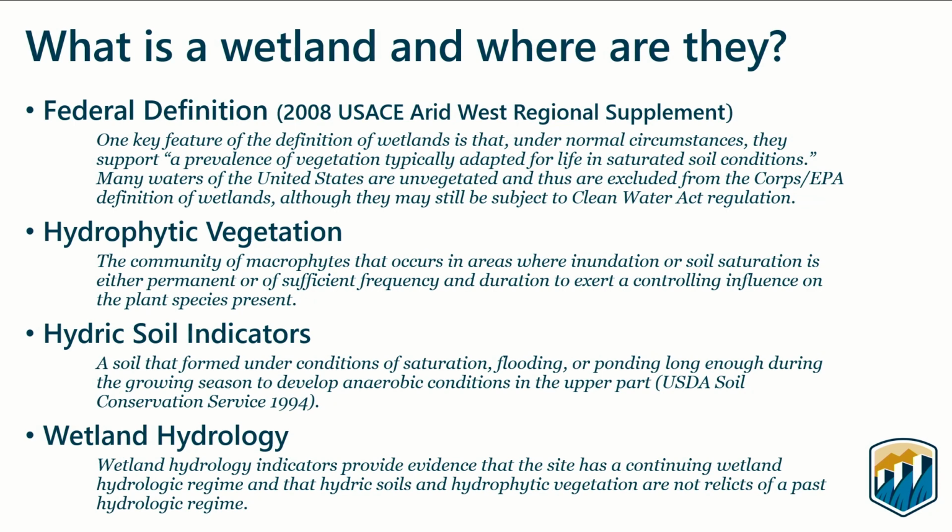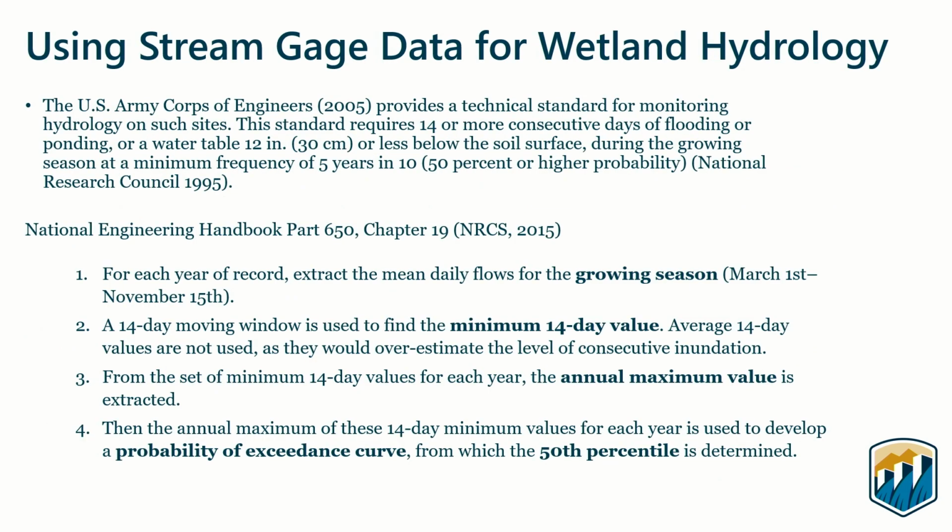And then finally, there needs to be wetland hydrology. Wetland hydrology indicators provide evidence the site has a continuing wetland hydrologic regime and that hydric soils and vegetation are not relics of a past hydrologic regime. So when we talk about federally regulated wetlands, this is how they are defined. They have to have these three components: vegetation, soil, and wetland hydrology.